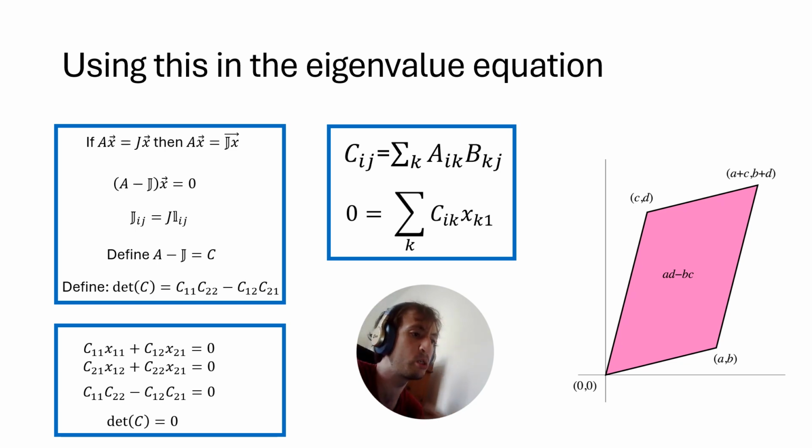So if we imagine a matrix as having components, A is our component on the first row, first column.